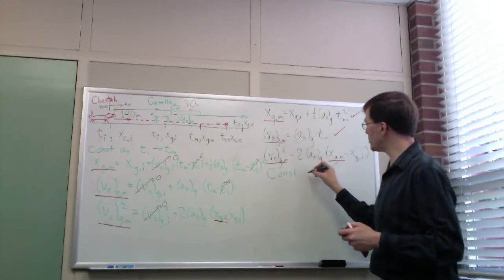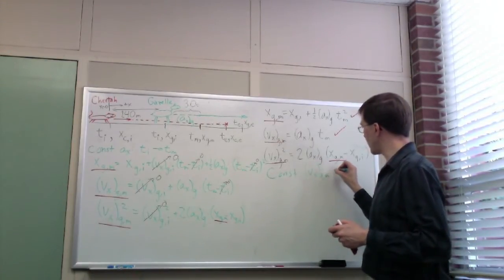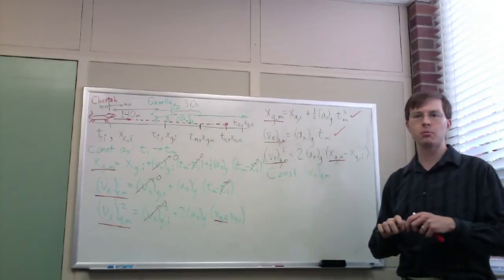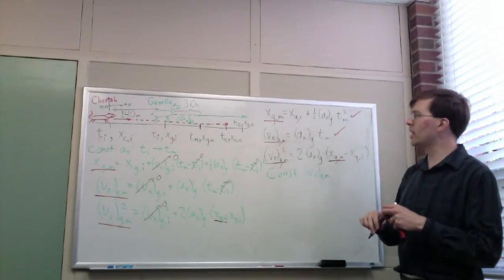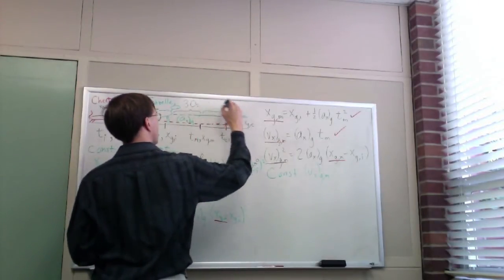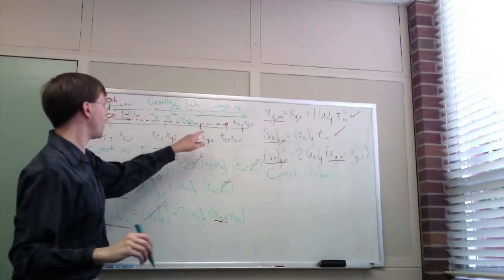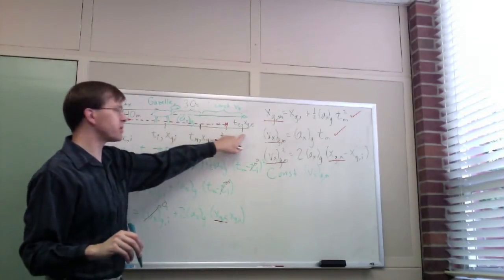Next up, we're going to do the constant velocity once the gazelle is at its maximum velocity. So for the constant velocity part of the gazelle's motion, that's from the maximum speed time up to the escape time.